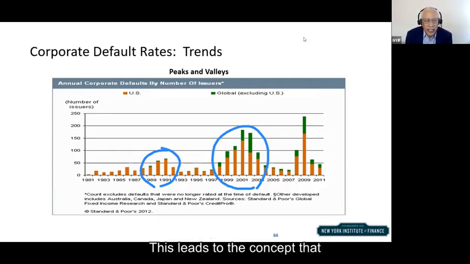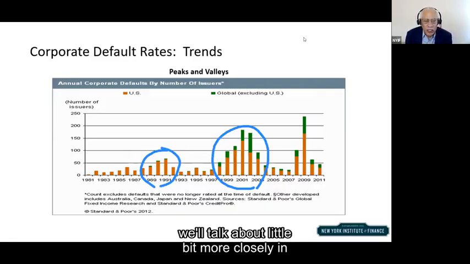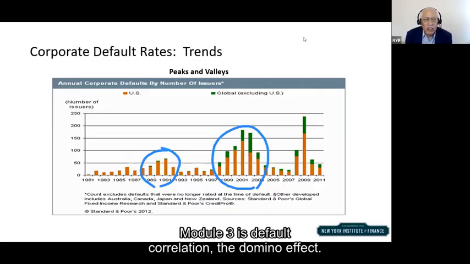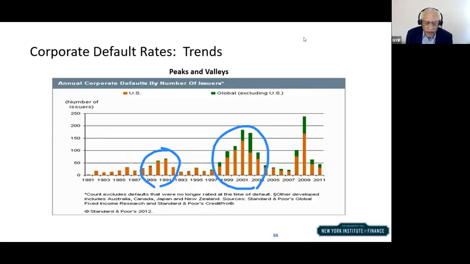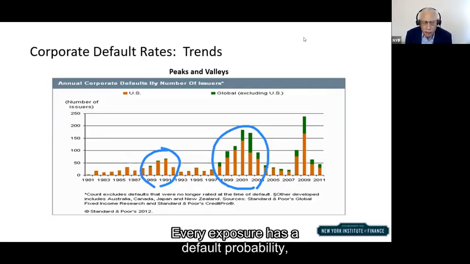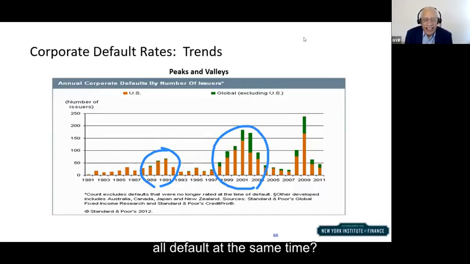This leads to the concept that we'll talk about more closely in module 3, default correlation, the domino effect. Every name, every exposure has a default probability. Well, what's the probability that they will all default at the same time? That's what we talk about in terms of default correlation.